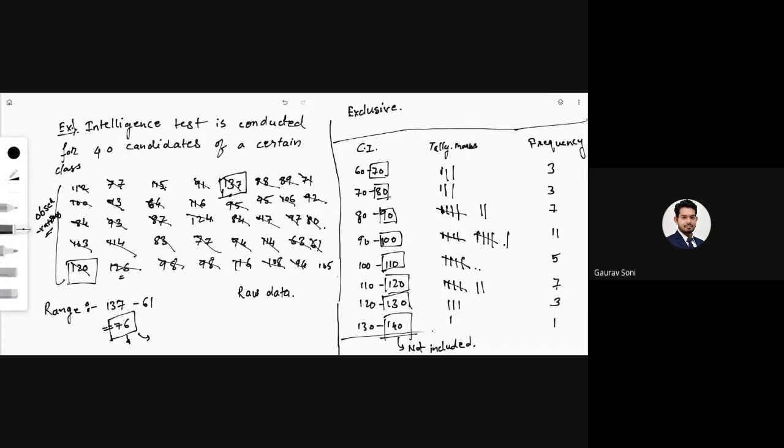So the total data that we had is now condensed and put down in a table. What we have got here is the class interval and the frequency. A table consisting of the class intervals and the frequency is called the frequency distribution table.